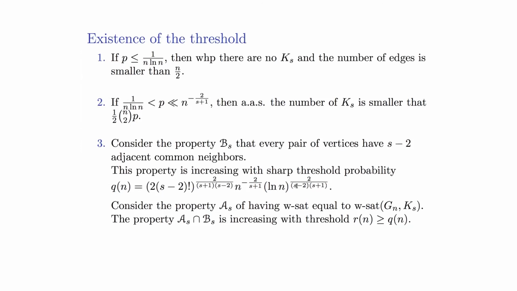And if we consider the intersection of this property with the property A_s that we study, the property of having Wick's iteration number equal to the Wick's iteration number of the complete graph K_n, then the intersection of these two properties should also be increasing, and so it has a threshold, and it should be at least the threshold of the previous property, since we considered the intersection of two properties.